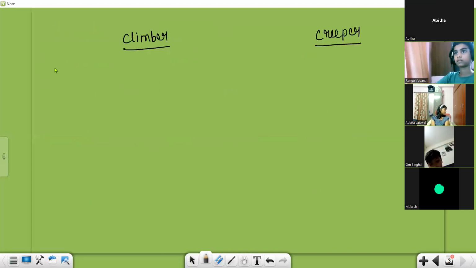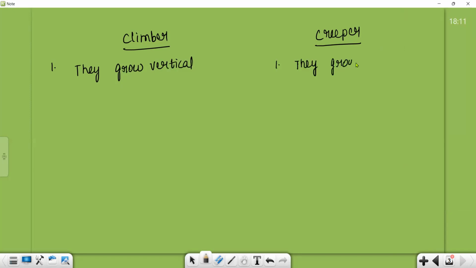So climber, the first point we can write here is they grow vertically. Next, creeper: they grow horizontally.